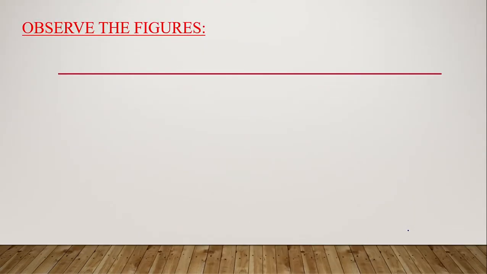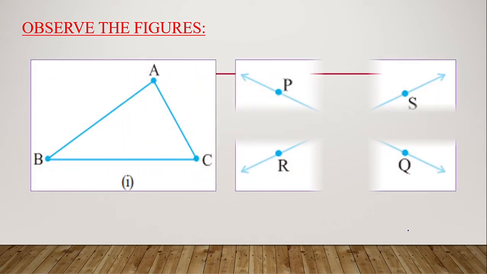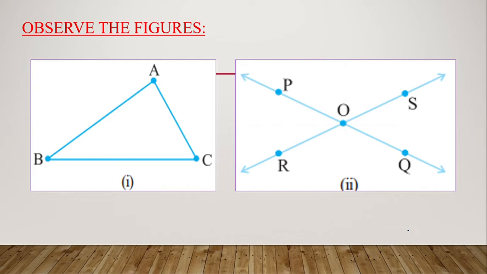Now students, you have to observe these two figures I'm going to share with you. This is the first and this is the second. In figure 1 you can see three corners, formed when two line segments are joined.